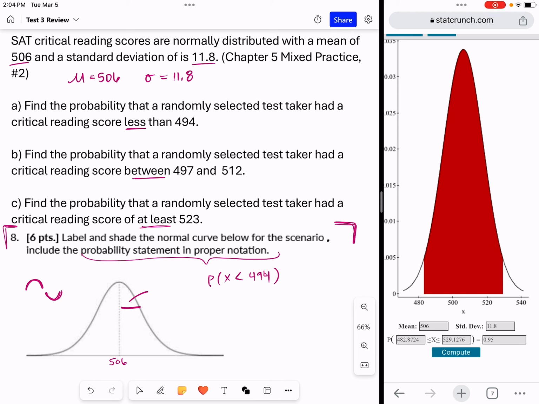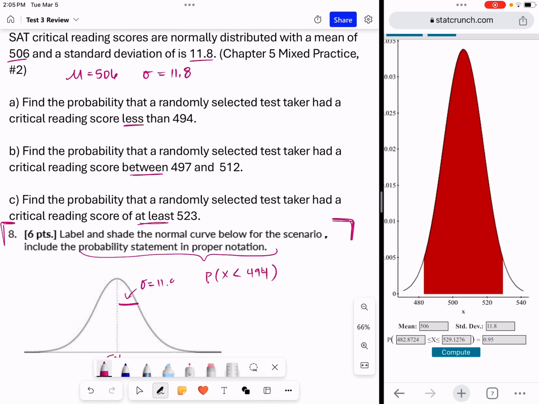And so, if you have that here or here, any of those are okay. Just be careful. Don't get it too far over, because we want it to be somewhat reasonable. And we want to label that as well. So we'll put 11.8.